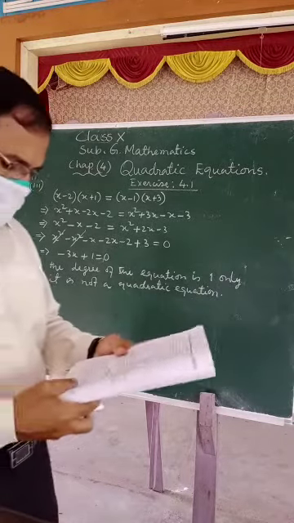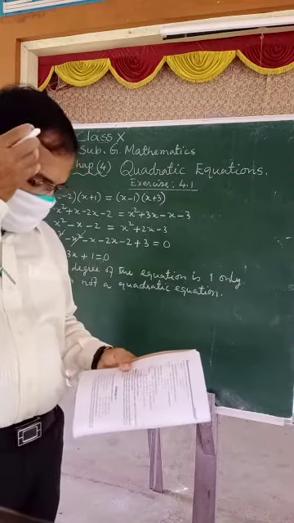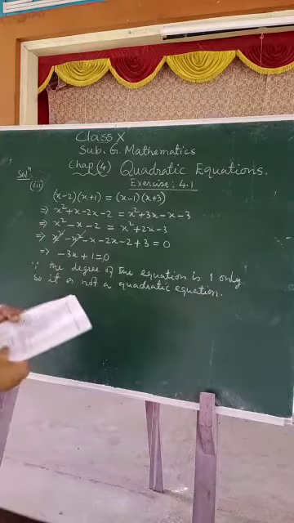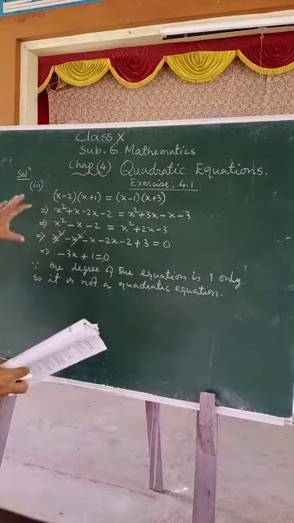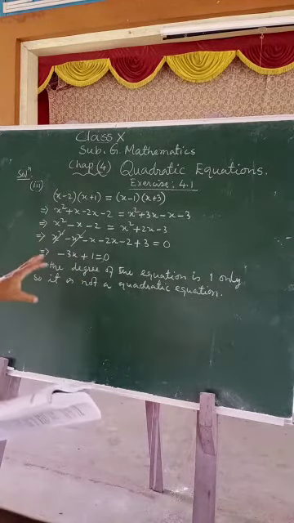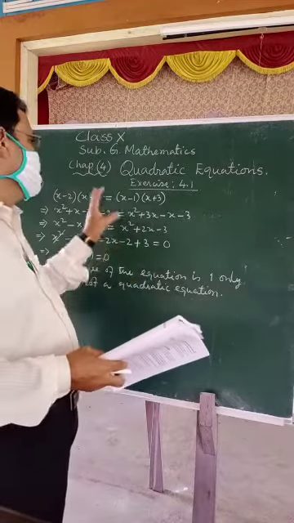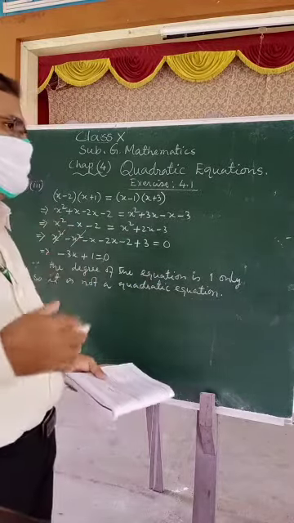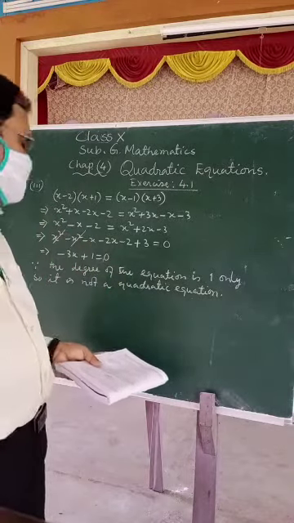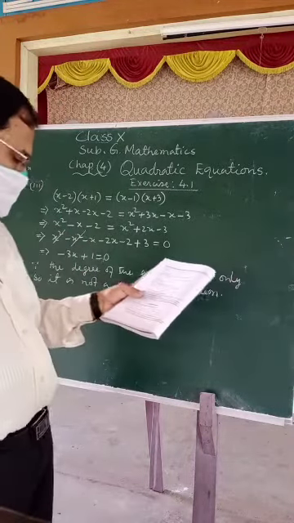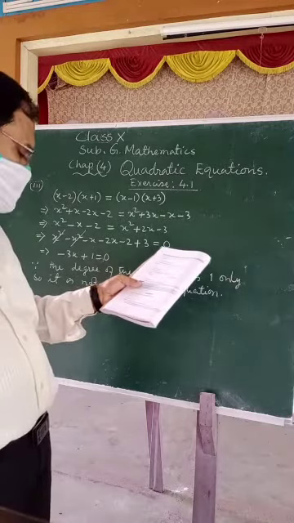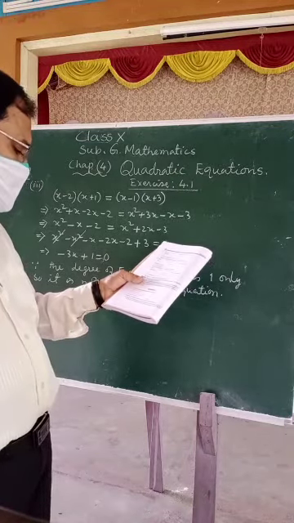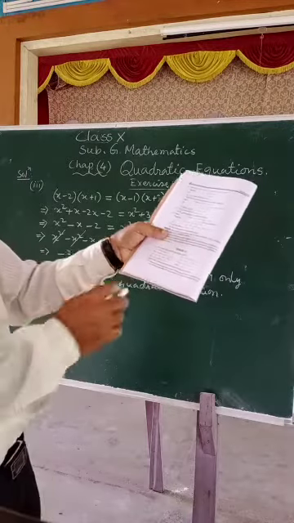Now we learn question number 2. With the help of quadratic equations, we can also represent different problems as quadratic equations and find the value of the variables. Like that, the example given: represent the following situation in the form of quadratic equations.